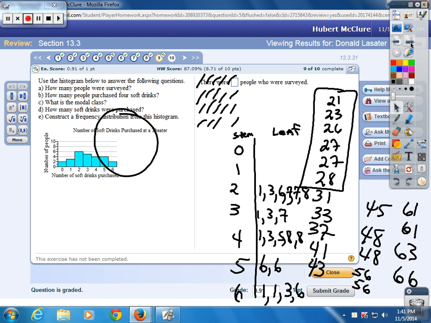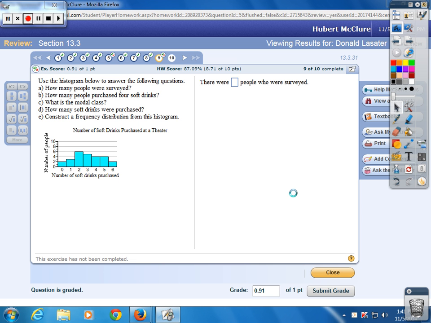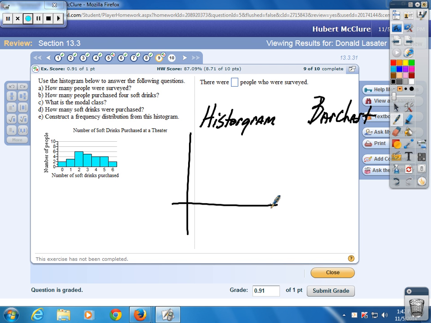Okay, now look at this. What is the difference between a histogram and a bar chart? Well, you're going to laugh at this. You ready? So that's 4, 3, 2, 1.